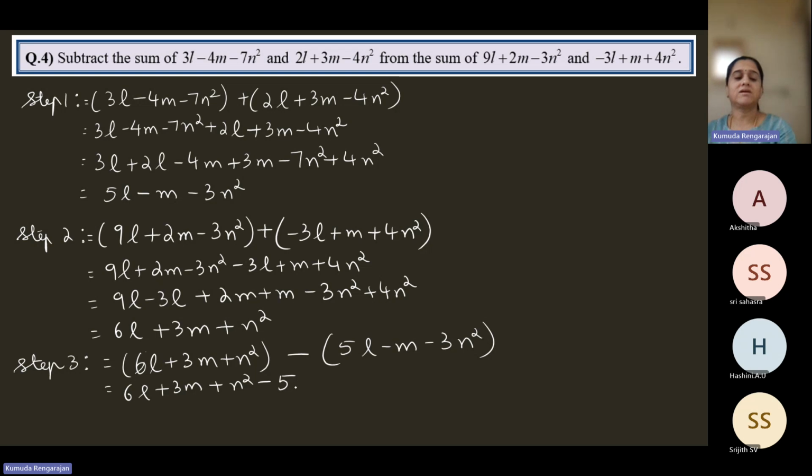Now tell me this, complete this, Srijat. Okay, ma'am. 6L plus 3M plus N square plus 3N square.